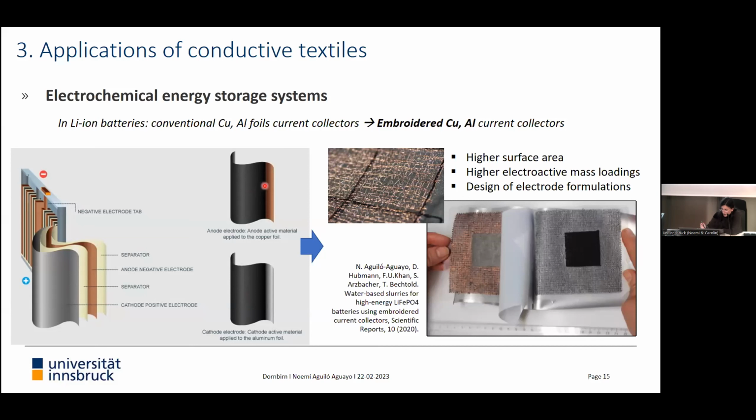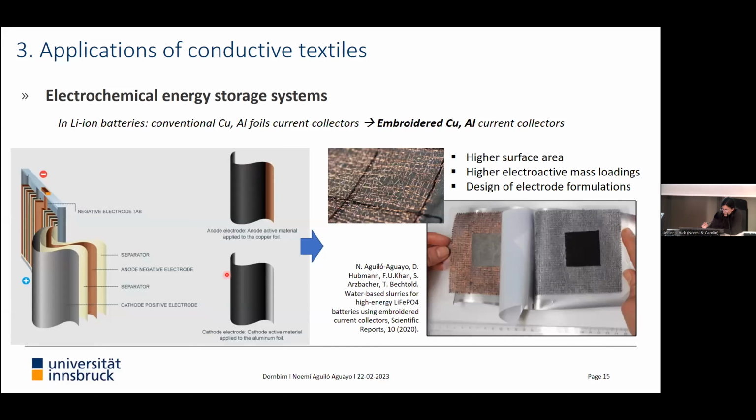In one electrode, we have a copper foil coated with an anode material, and in the other electrode, we have aluminum foil with a cathode material. And this cathode material is the one that contains the lithium ions. When we charge the battery, the lithium ions from the cathode material are inserted into the anode material, and when we discharge the battery, the inverse process occurs.